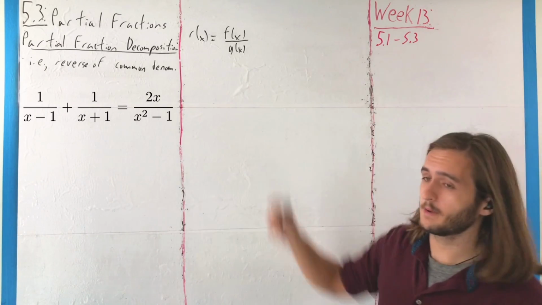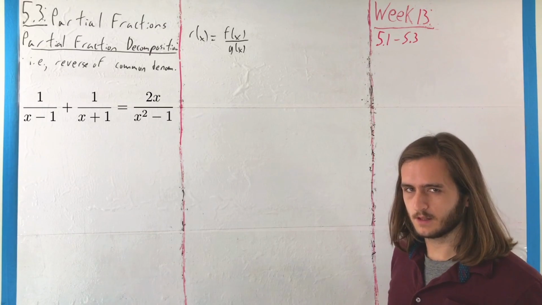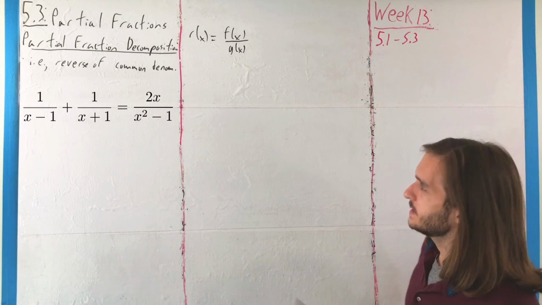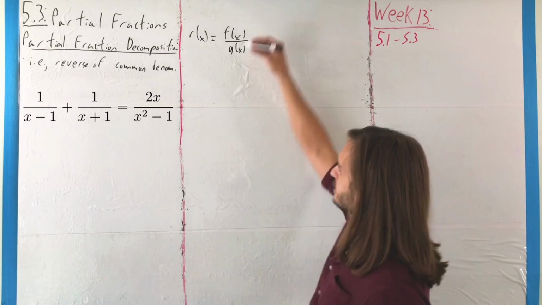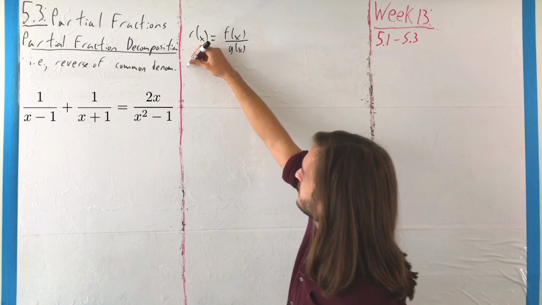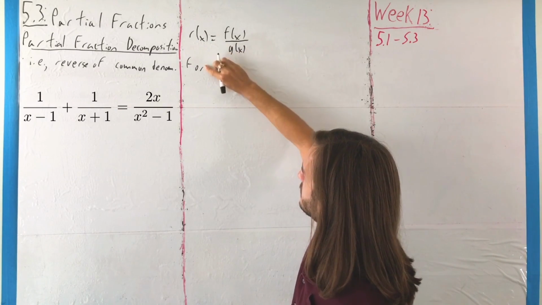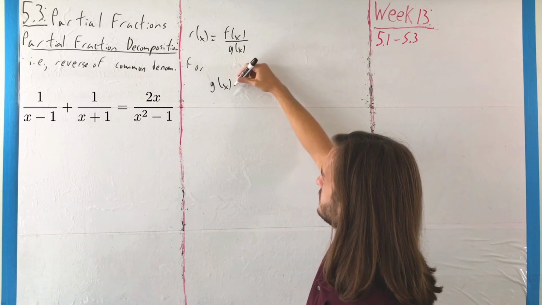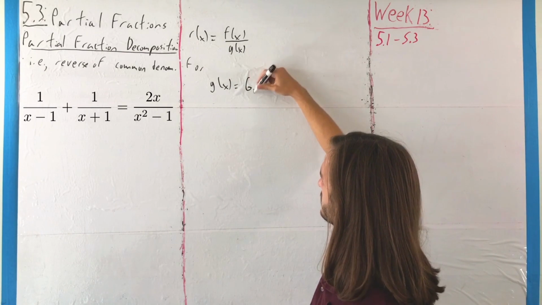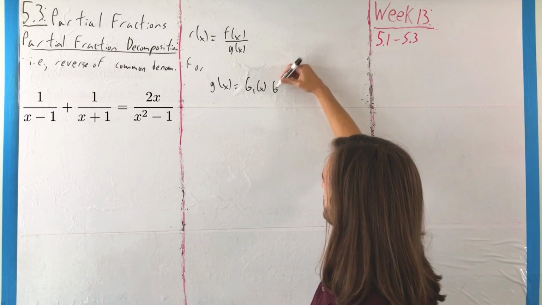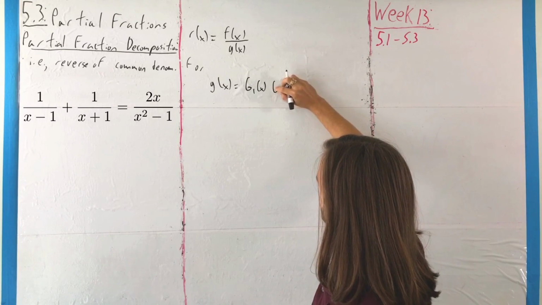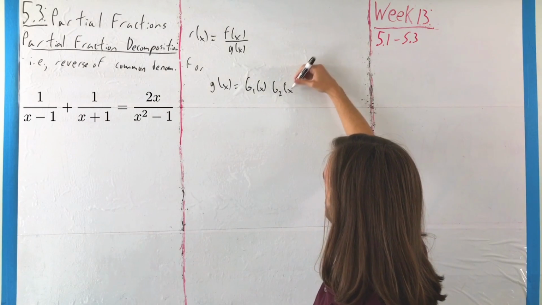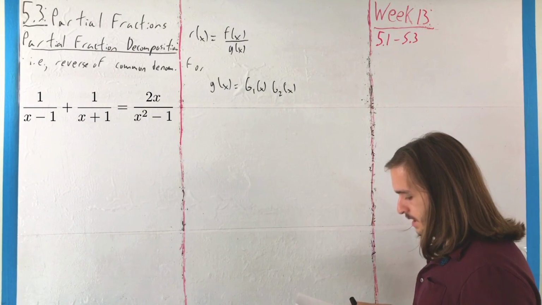We've got more terms on the bottom, bigger terms on the bottom for that matter, where we'll say in particular we have that g can be factored. g of x is equal to two other parts, g1 of x and g2 of x.